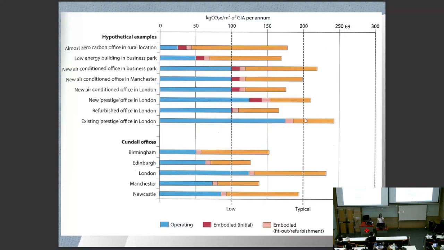But at the same time, because the building is located in the city center, the transportation will be shorter, and therefore the transport carbon will also be smaller.